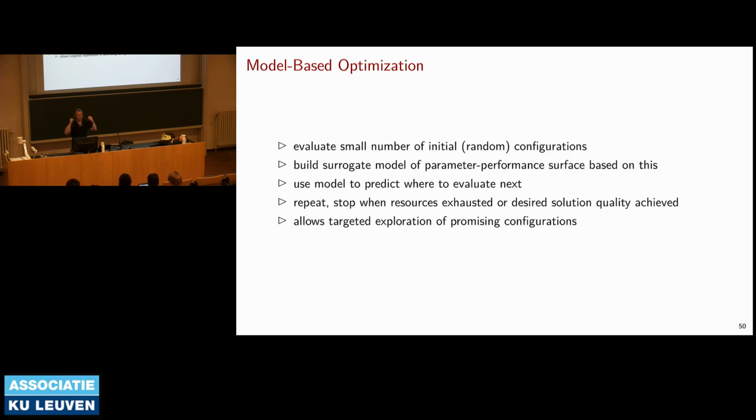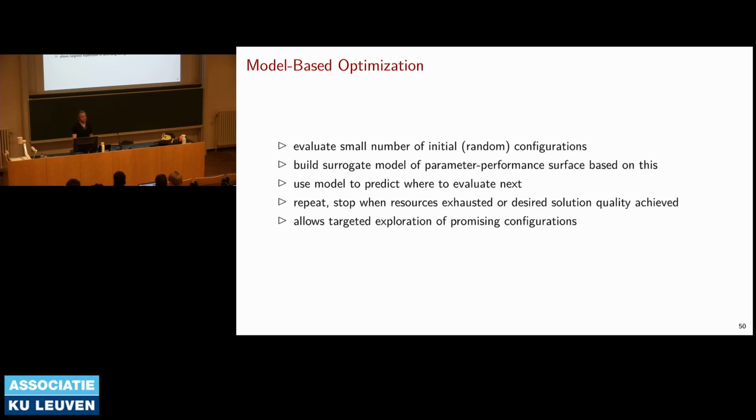You have a mental model of how the parameters and their values affect the performance that you see, and based on this mental model, you decide where to evaluate next. And you revise your mental model as you observe more and more data. So if you think that something is good, and then you see that it's actually bad, you're not going to continue to believe that you will see good performance there. You revise your beliefs, and that's exactly what's happening here.